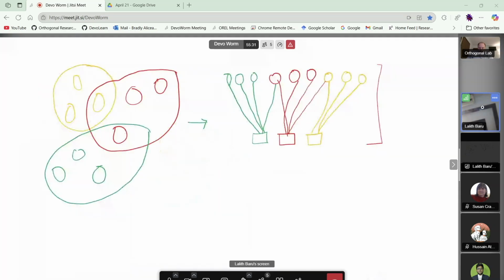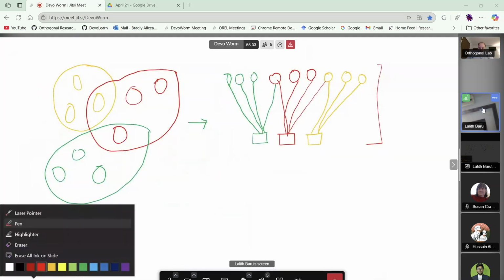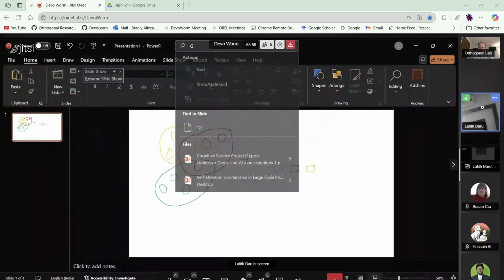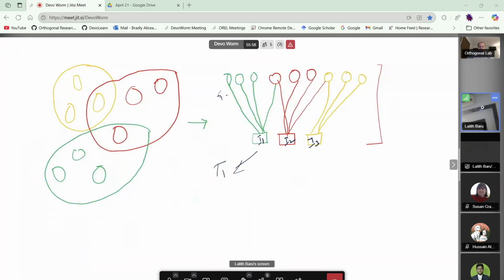Now what we are trying to do is, suppose we are doing a transformation T1. This carries information I1, I2, I3, and each and every node carries information. These hypernodes carry information, say G1, G2, G3.